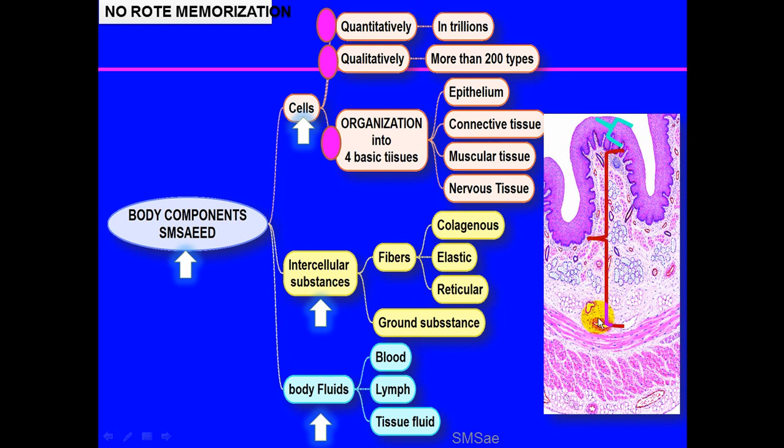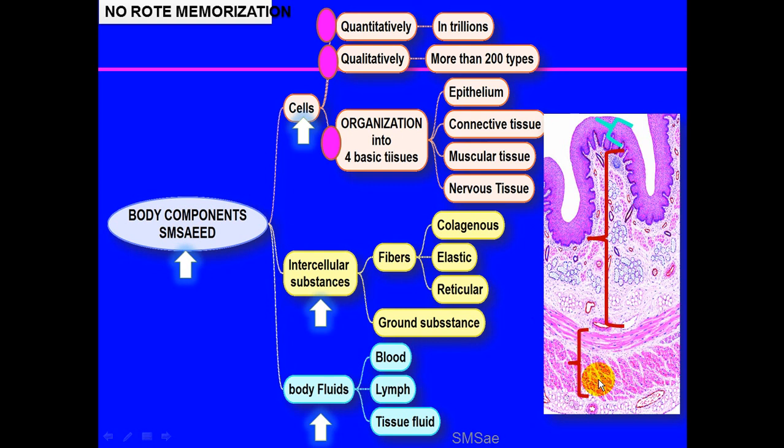This portion represents the connective tissue. Here we have got the muscular tissue. You have got two bundles of muscles arranged differently. These muscles are arranged circularly, as you can see, and these ones are arranged longitudinally.